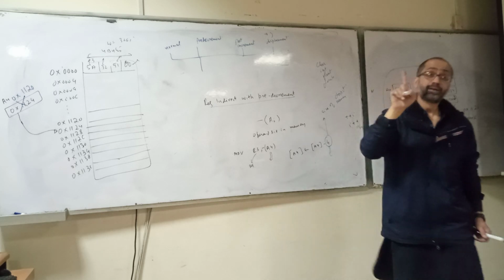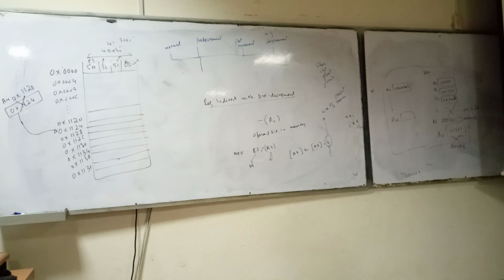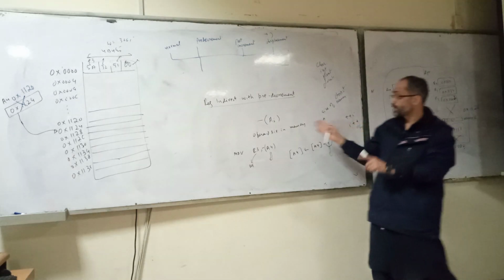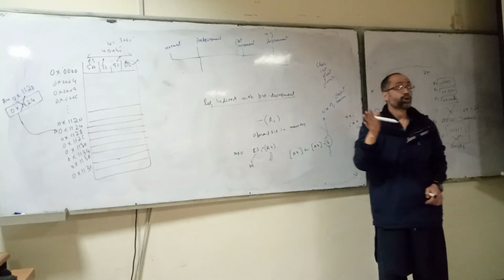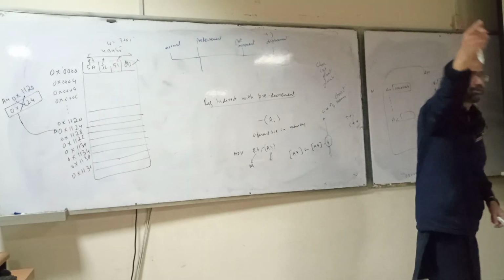If we have an integer, 4 bytes. If we have a double or long double, 8 bytes. So it depends on the size of the data type we are using. All of this is actually done by the compiler and is hidden from the programmer.